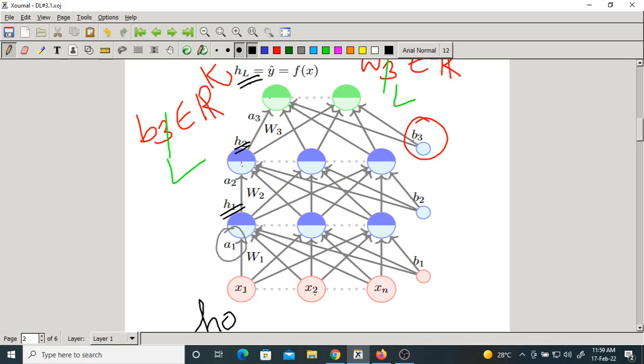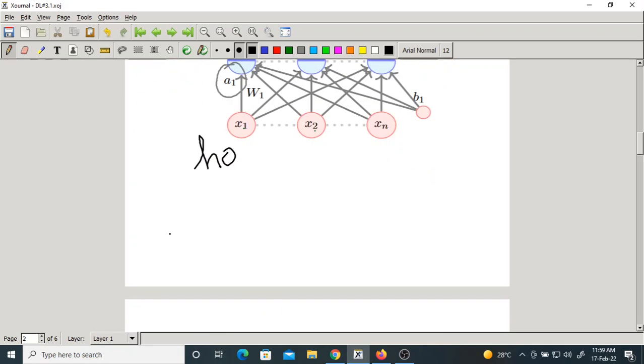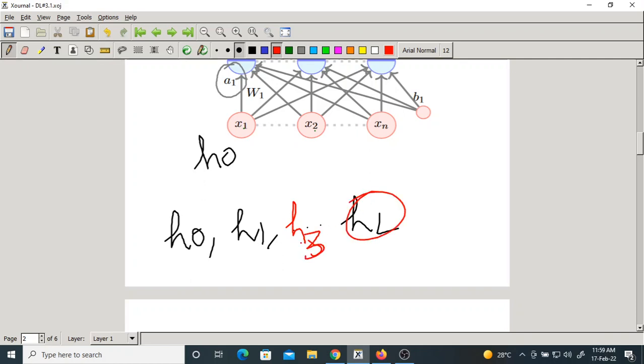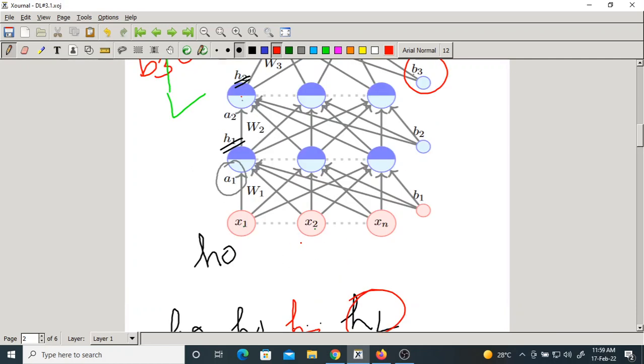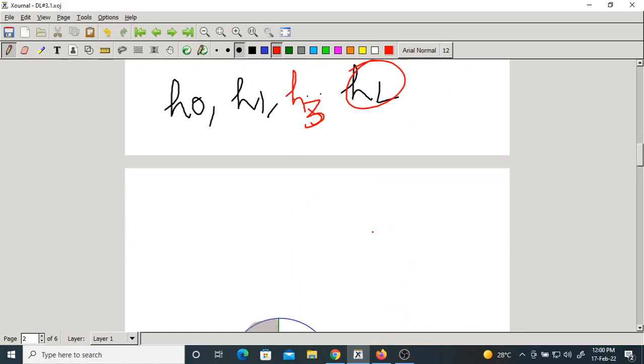In this case H3. So the activation starts from the input H0, H1, and so on up to HL. Here L equal to 3, so we have taken up to H3. H0 means simply the input. So H0 equal to X.